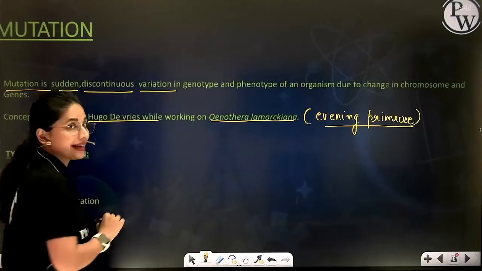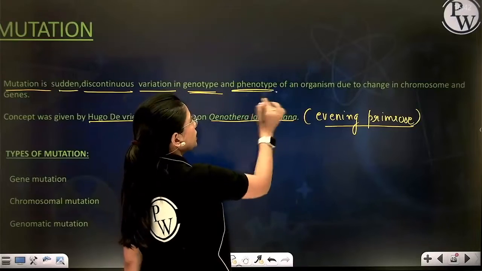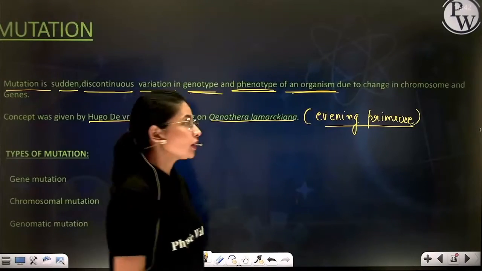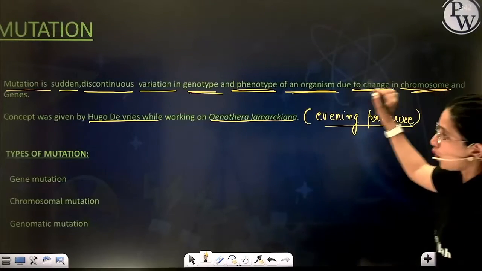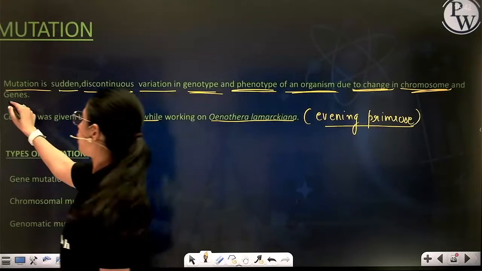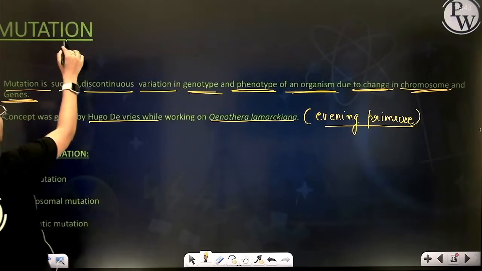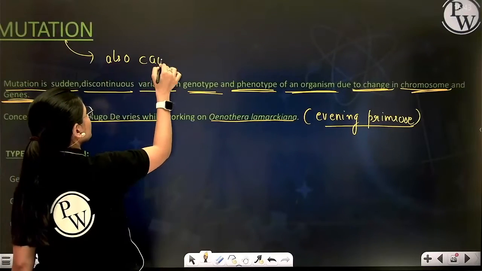Why is it happening? Due to the change in the chromosome or the arrangement of genes. Correct?